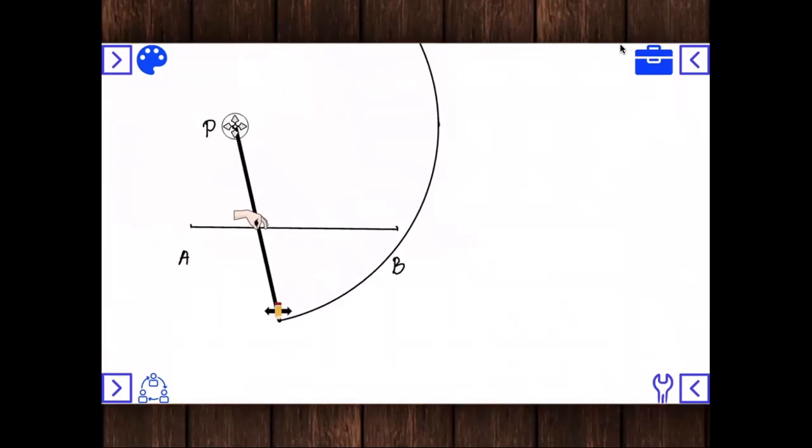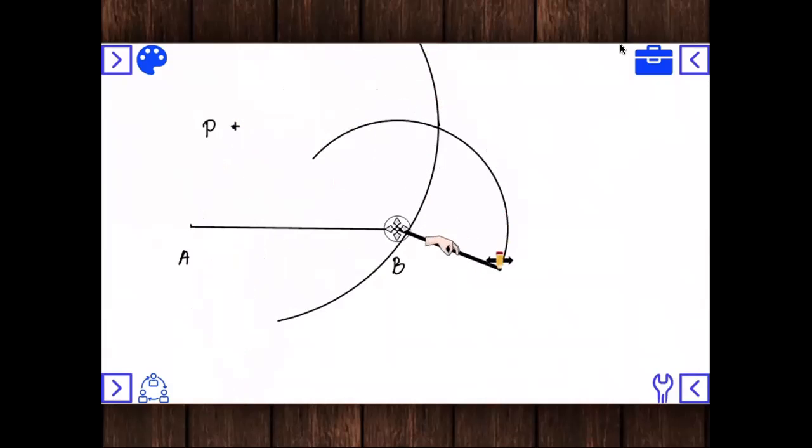Second step, we measure AP. Okay, and then we move the compass to point B. With the radius of AP, we draw another arc. So the second arc and the first arc have an intersection.